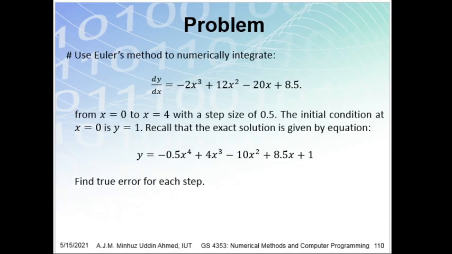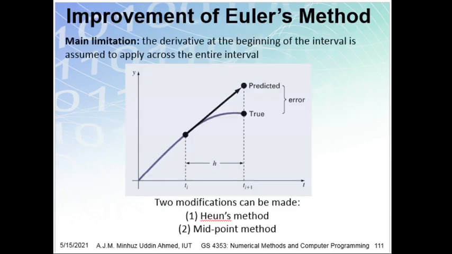Now I'm going back to the slide. So now we see that this Euler method is very much erroneous. That's why we need to improve Euler's method. The main limitation is that the derivative at the beginning of the interval is assumed to apply across the entire interval.